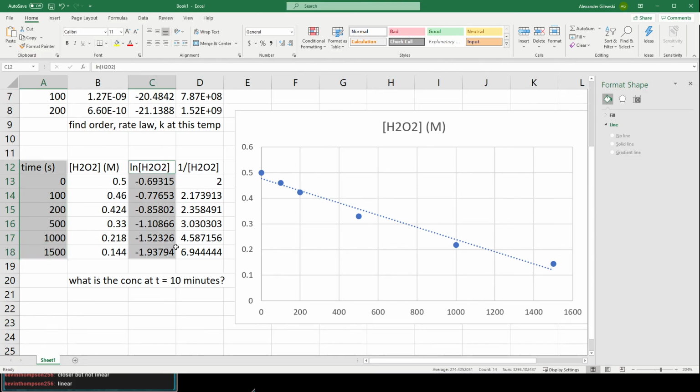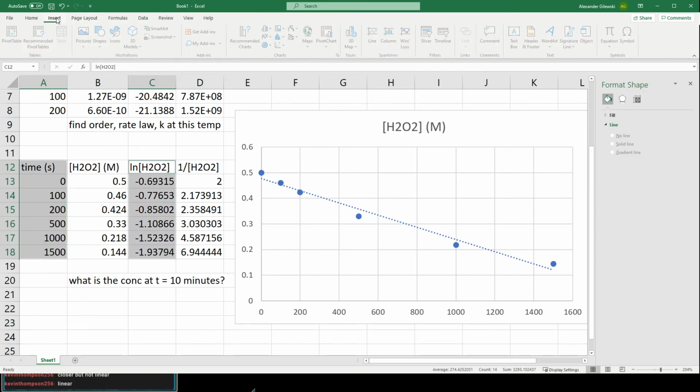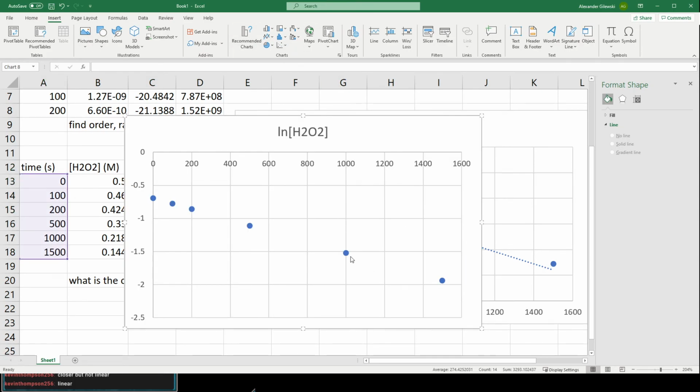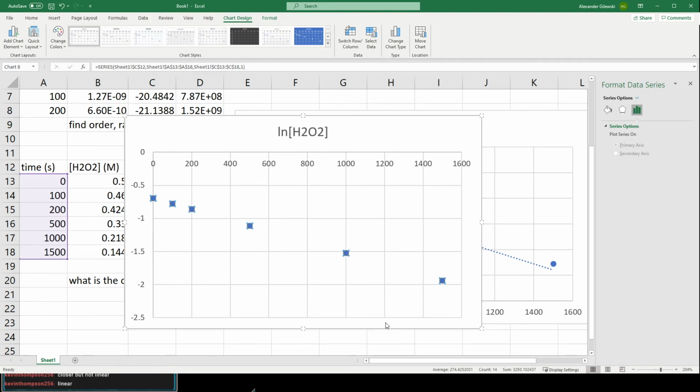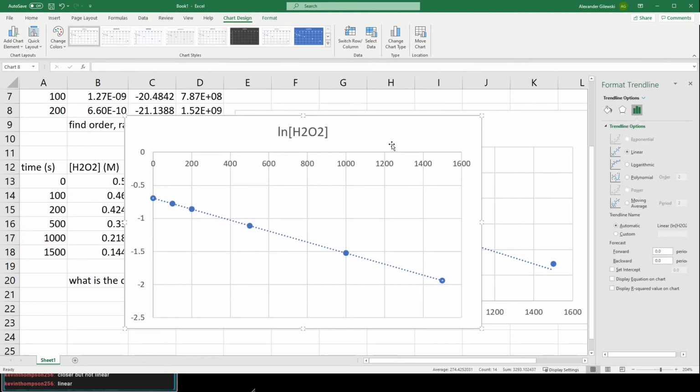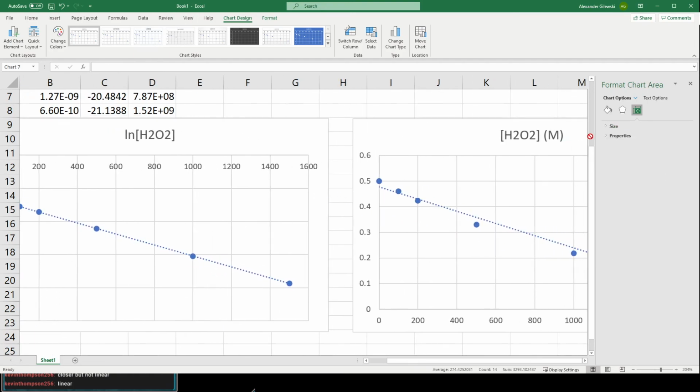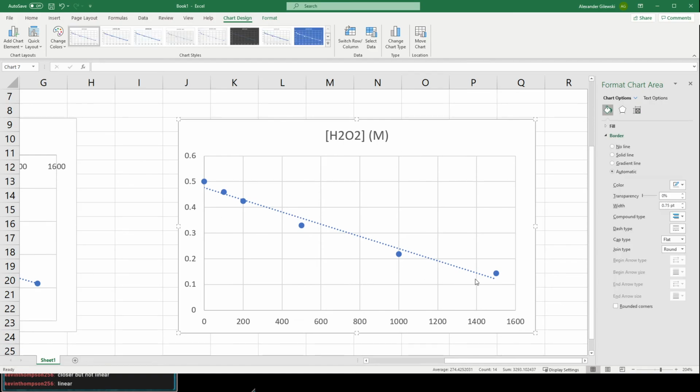Let's go ahead and compare our natural log graph. Oh, this looks pretty linear too. Let's have a look. It actually looks like all of our points are indeed along a line, whereas in this one we had kind of residuals up and down.